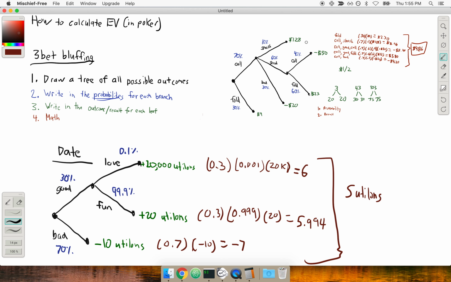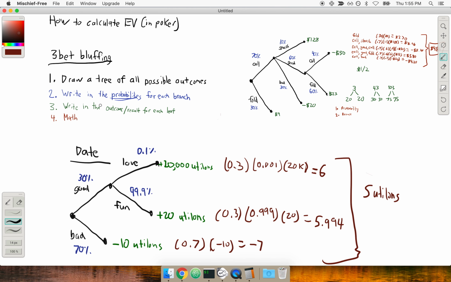And sometimes the outcome is money, sometimes it's utilons, sometimes it's, I don't know, like oil or whatever you're calculating. And then finally, you do a little bit of math, and you add up the numbers for each branch, and you get your output. So you take this process, and you can calculate the expected value of anything.